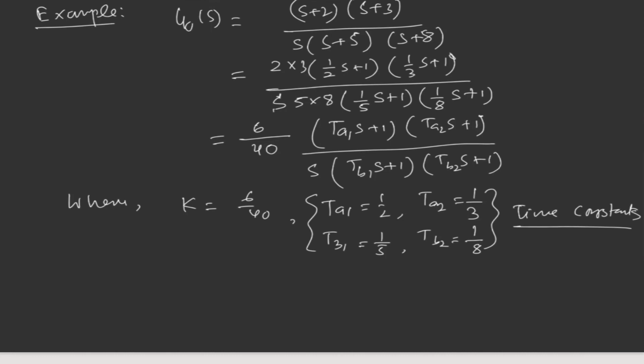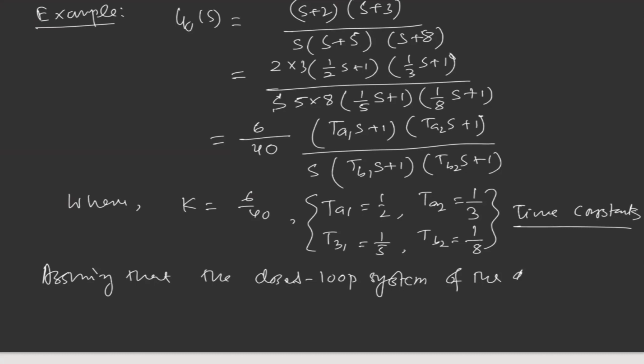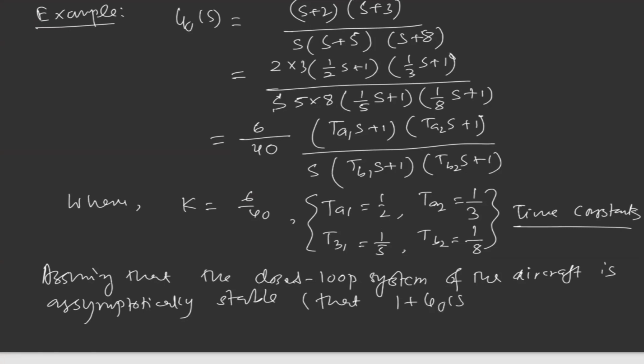So let me write, assuming that the closed loop system of the aircraft, for example, is asymptotically stable, that is 1 plus G naught of S.